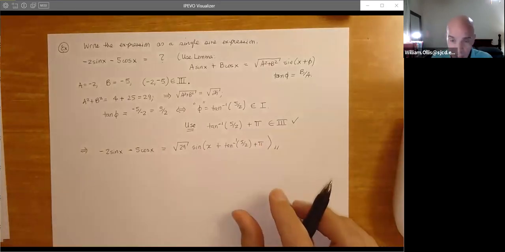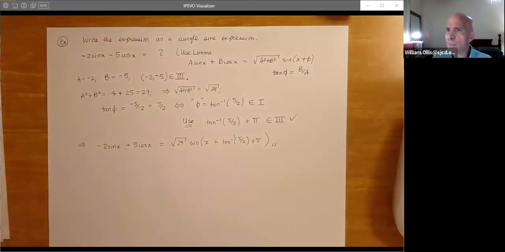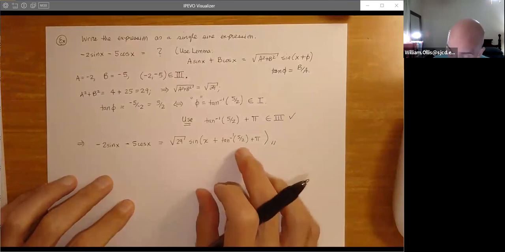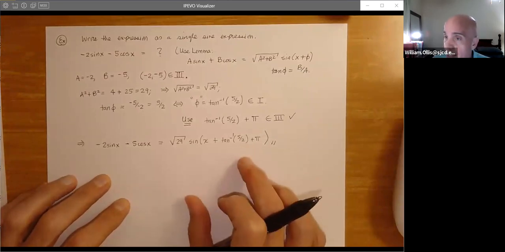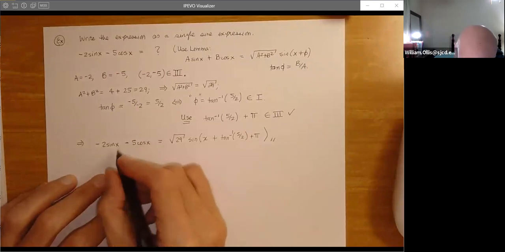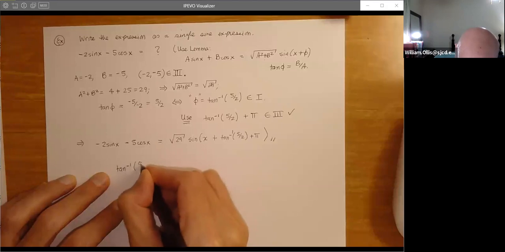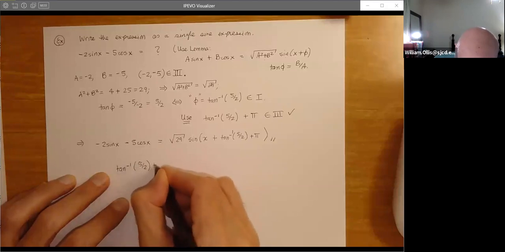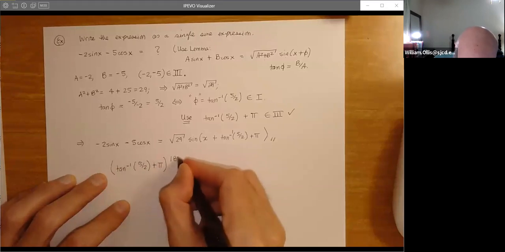Now, one thing that we like to do, we love our degrees, don't we? We just love degree mode, especially when we're working with triangles. So if you wanted, you could write this in terms of degrees. For instance, here we could say inverse tangent of 5/2 plus pi, and then convert it to degrees by multiplying by 180 degrees divided by pi.